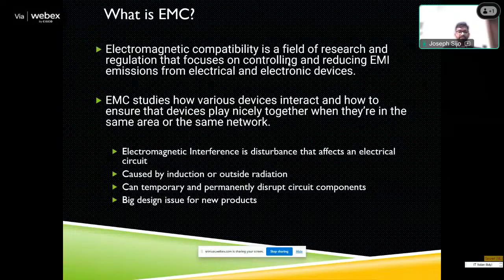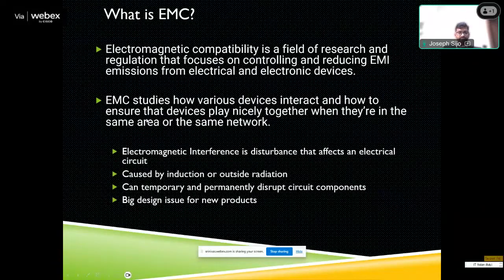Day by day and year by year we are developing new electronic devices and integrated circuits, so this interference always comes into the picture because it plays a crucial role in product development. EMC studies how various devices interact and how to ensure that the devices play nicely together when they are in the same area or the same network.